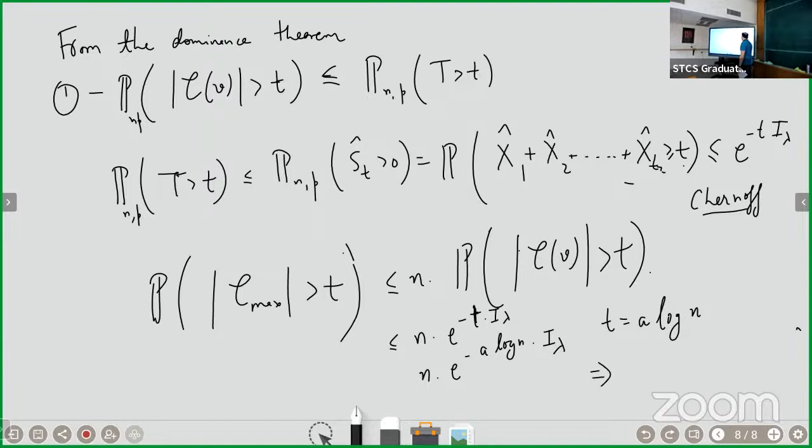Therefore, as long as a is greater than 1 over I lambda, the quantity is n to the minus delta. What is delta? Write down exactly what delta is. It is nothing but a times I lambda minus 1. Precisely that. It depends on both a and lambda.